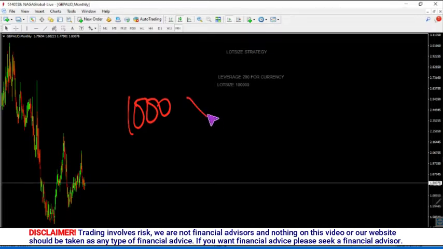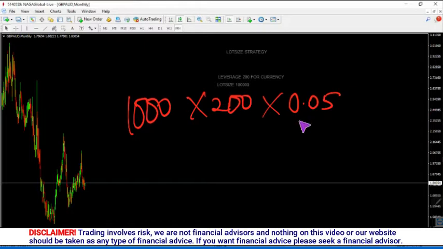1,000 times 200, which is the standard leverage for currency, times, if you want to risk 5% of your account size, you're going to use 5% divided by 100, which is 0.05. So 1,000 times 200 times 0.05.